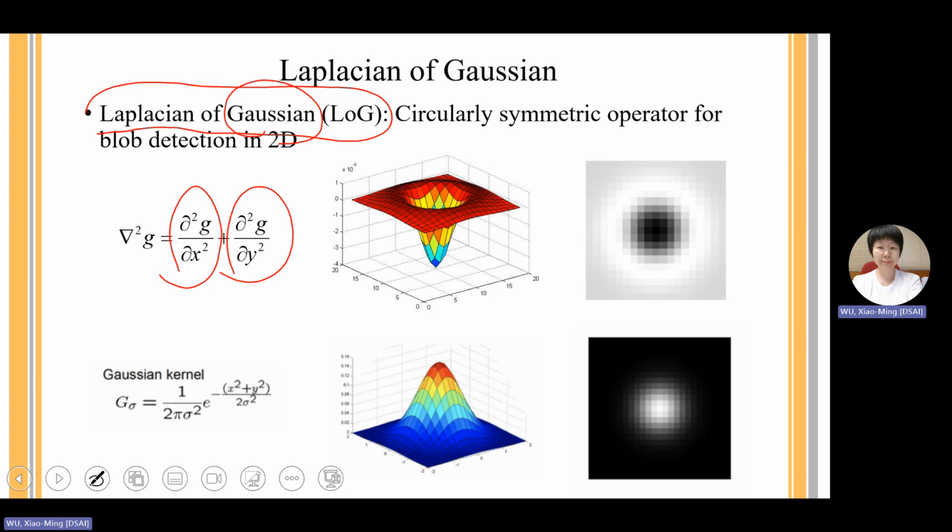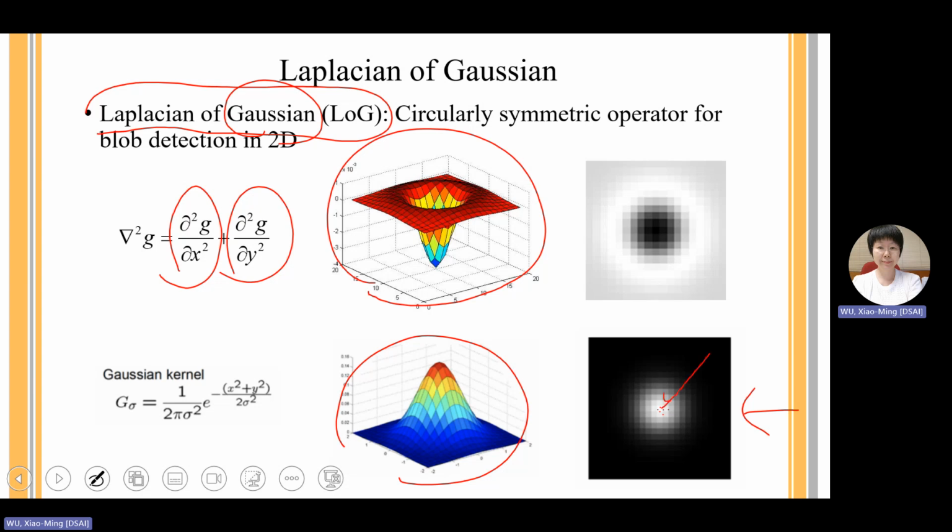Anyway, LOG looks like this. And Gaussian looks like this. You can see the peak is at its center, and then the value diminishes quickly with the distance.